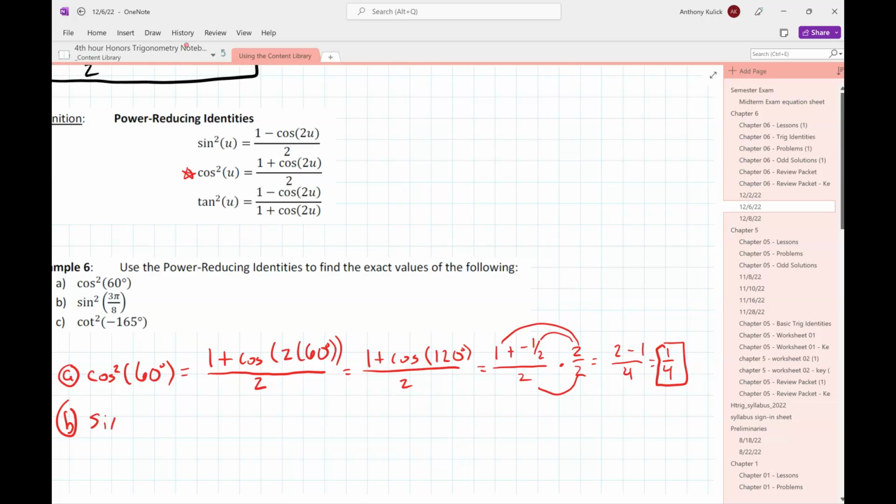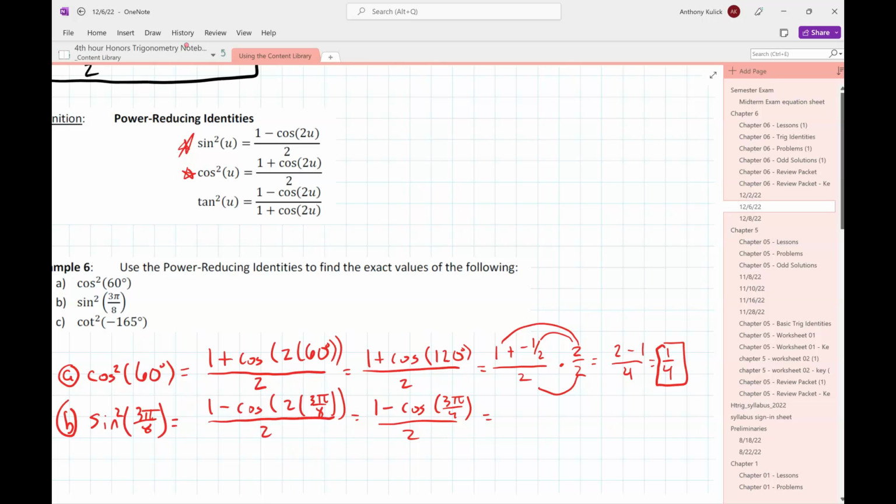If I wanted to do sine squared of 3 pi over 8, I'm just going to use the power reducing identity for sine squared. So it's going to be 1 minus cosine of 2 times 3 pi over 8 all over 2. 2 times 3 pi over 8 is 3 pi over 4.